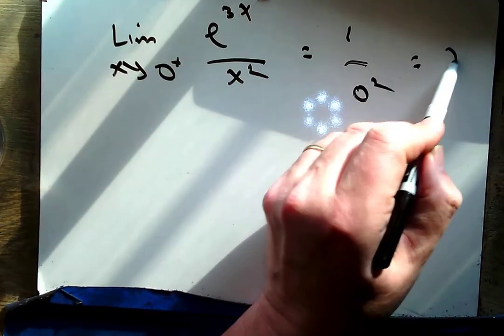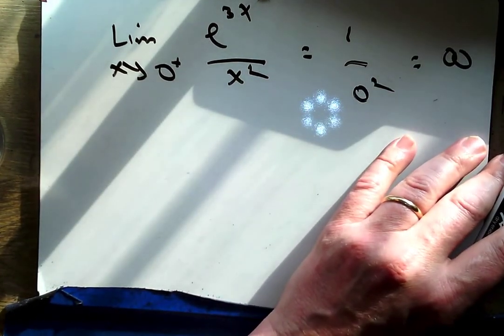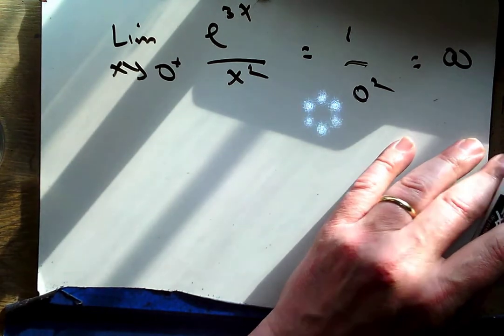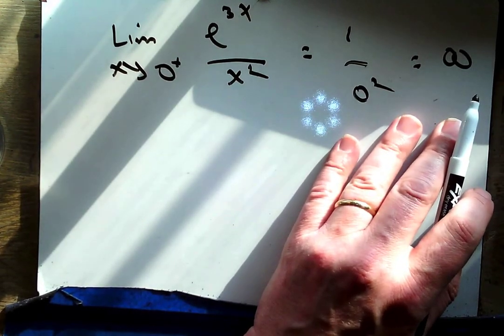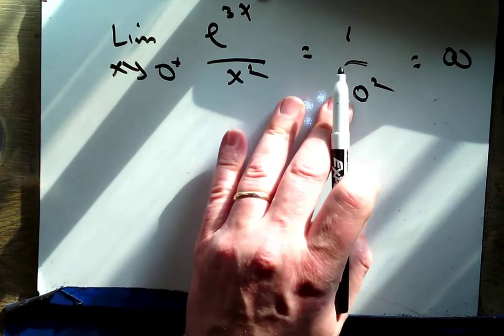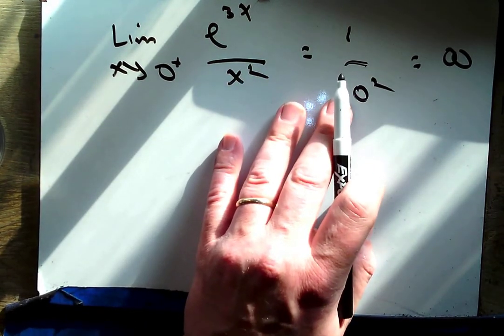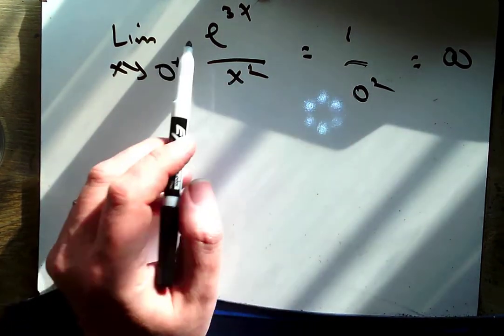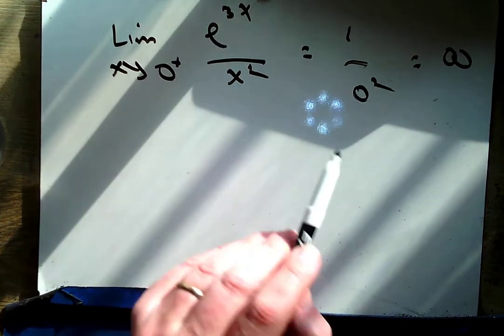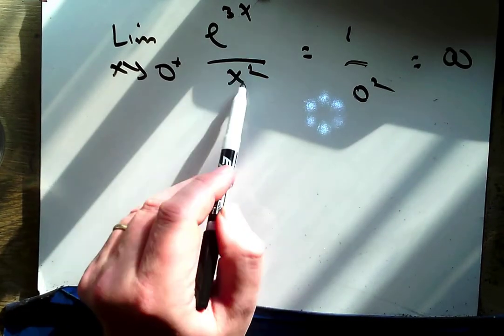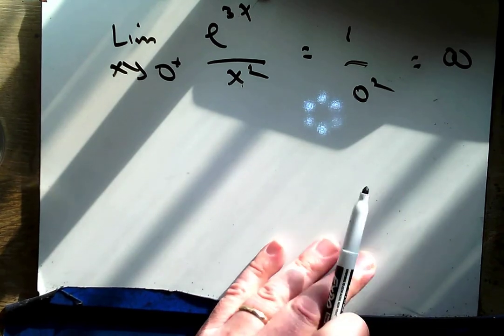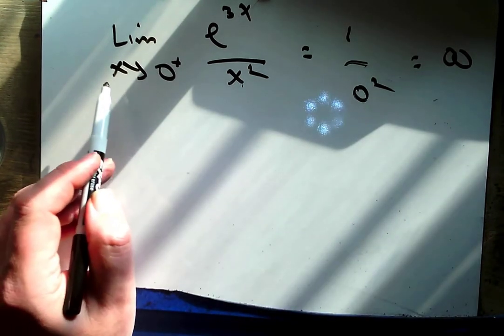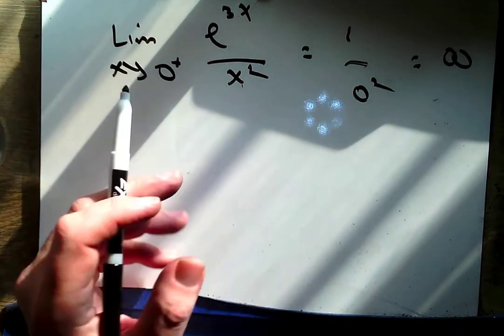And that, I'm going with infinity. Yeah, this is not a L'Hopital's rule situation. This is just, I know that 1 over 0 is either infinity or negative infinity. This is always positive, and this will always be positive. So positive over positive gives me positive. Okay? Not L'Hopital's. Not everything is L'Hopital's.